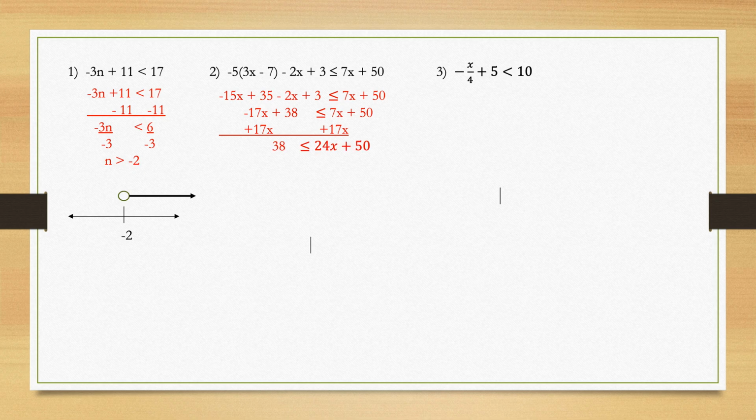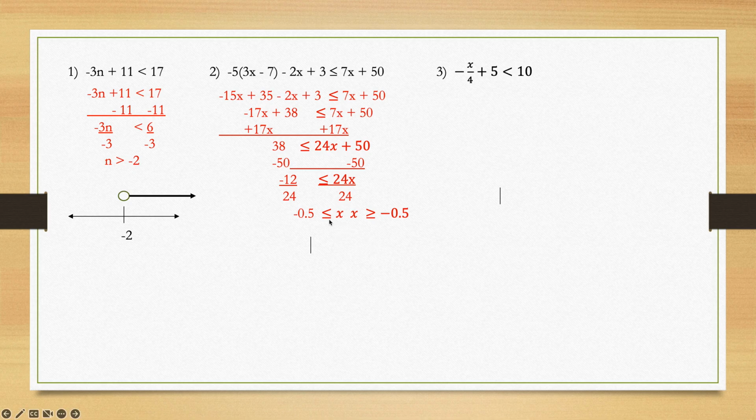That gives me 38 is less than or equal to 24x plus 50. And then I subtract 50 from both sides. And then I get negative 12 is less than or equal to 24x. Divide by 24. And I get negative 1/2 is less than or equal to x.